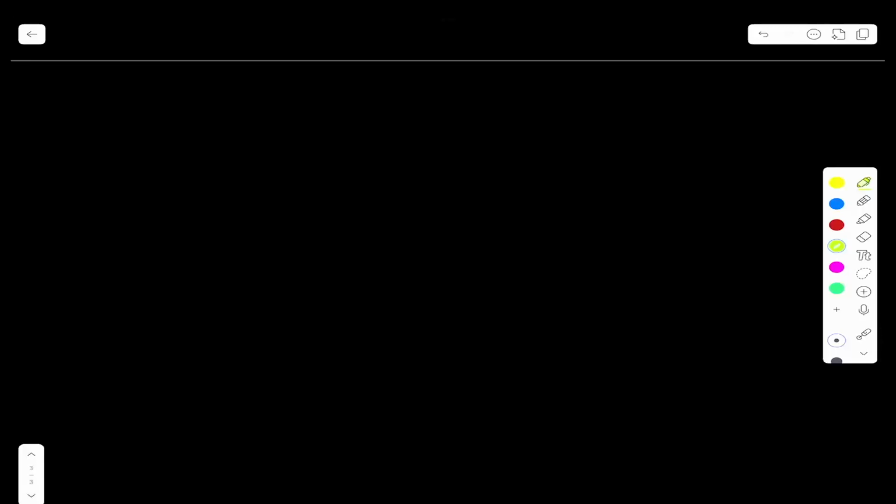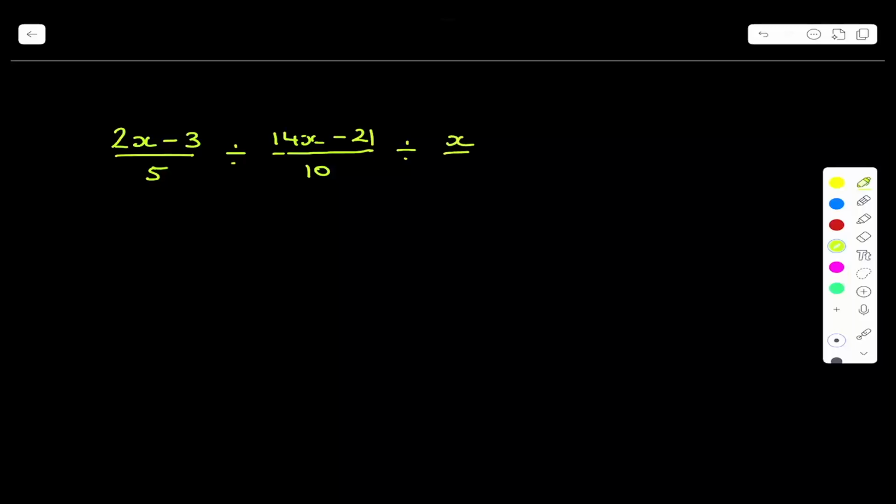So suppose I give you 2x minus 3 on 5 divided by 14x minus 21 on 10 divided by x on 2.